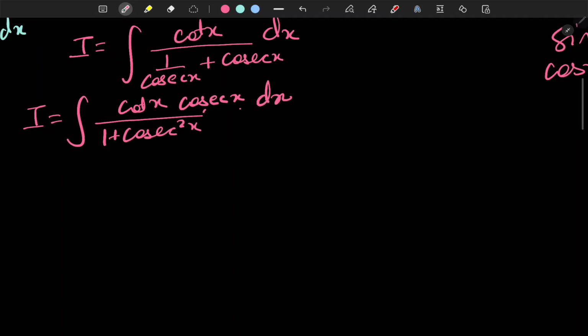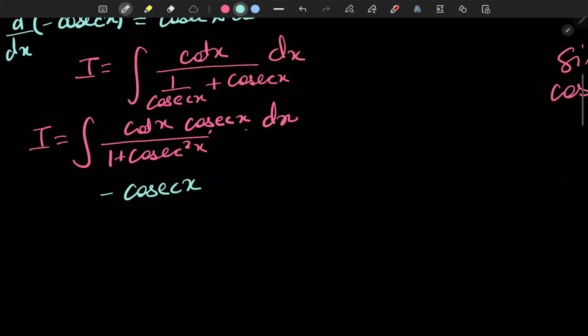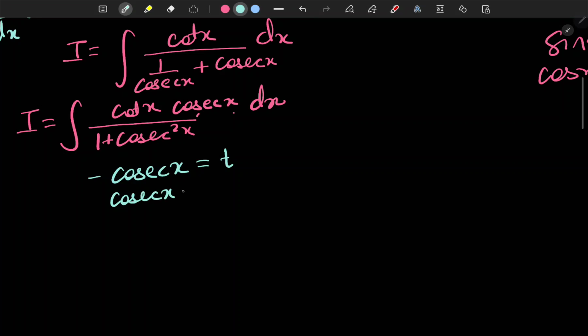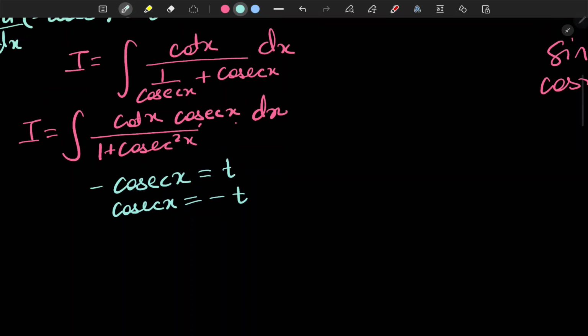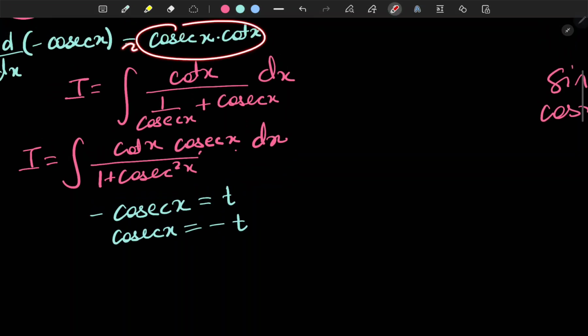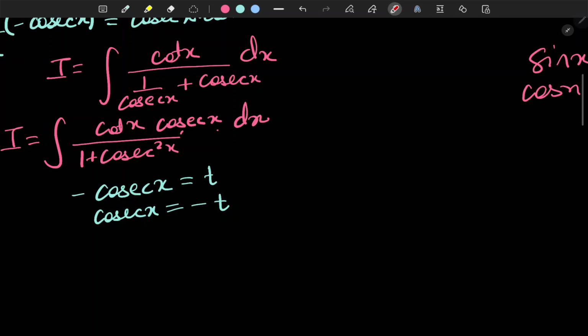Now let negative cosec of x be t. So cosec of x is negative t, and differentiating both sides, the derivative of minus cosec of x is cosecant of x times cotangent of x dx, which equals dt.